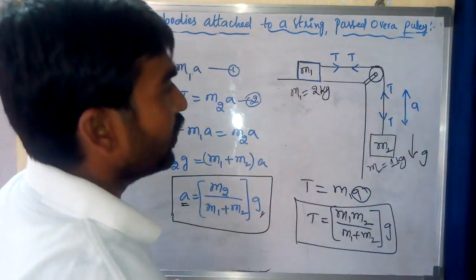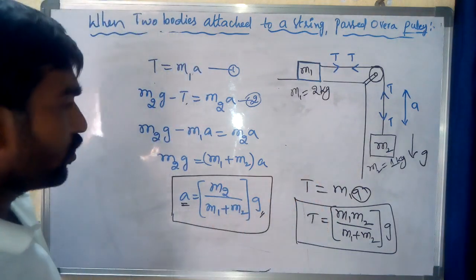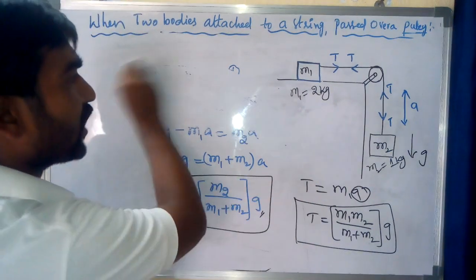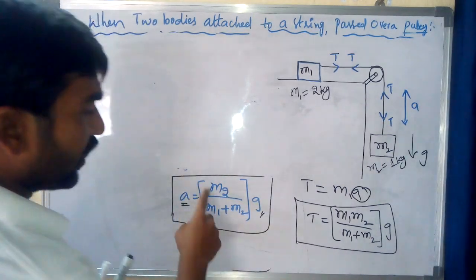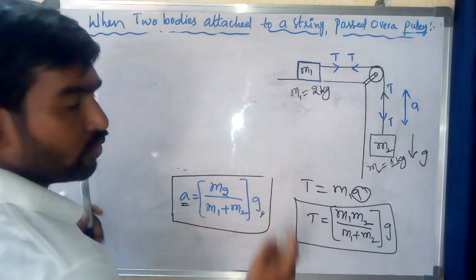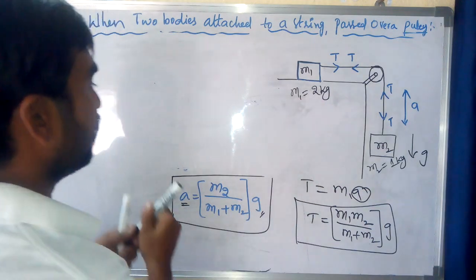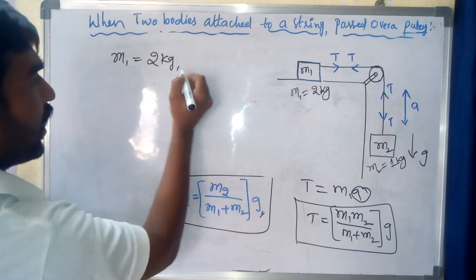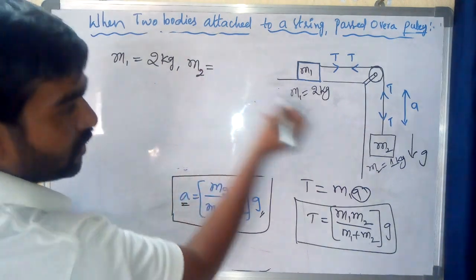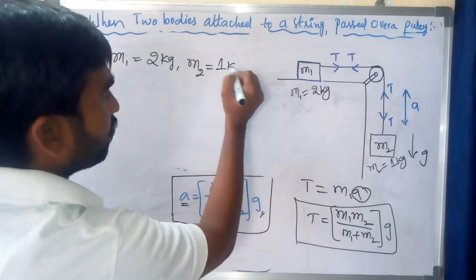The acceleration formula is A equal to m2 upon m1 plus m2, into G. We have the values here. m1 is equal to 2 kg and m2 is equal to 1 kg. Then the G value is 9.8 meter per second squared.